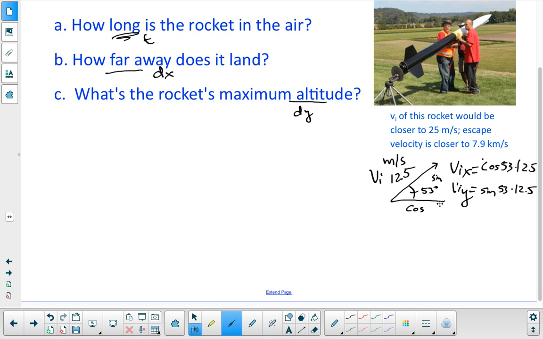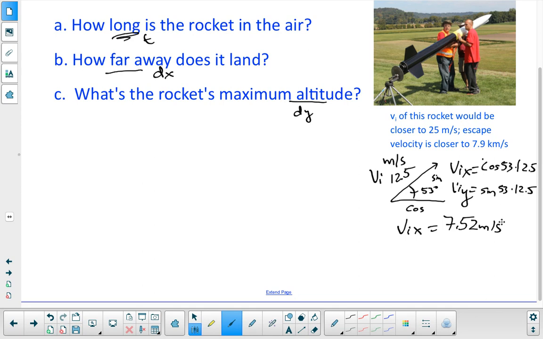And when I did these calculations, I can figure out what these are. Cosine of 53 times 12.5. I know that VIX is going to be equal to 7.52 meters per second.